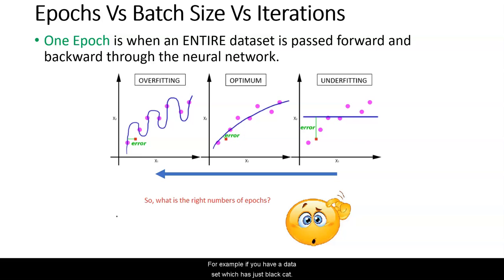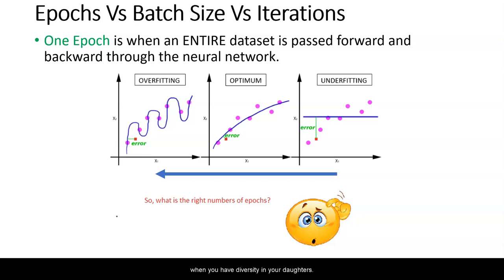For example, if you have a data set which has just black cats in it, that means it is not a diverse data set. Now, if you have a data set with black cats as well as white cats, that becomes a diverse data set, right?